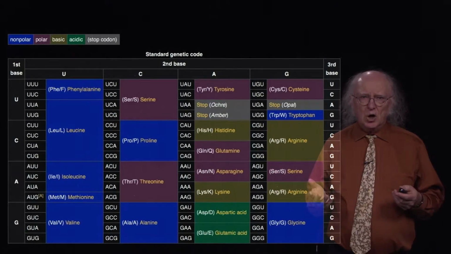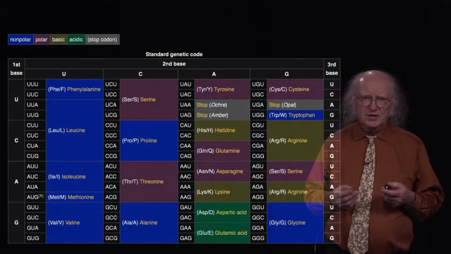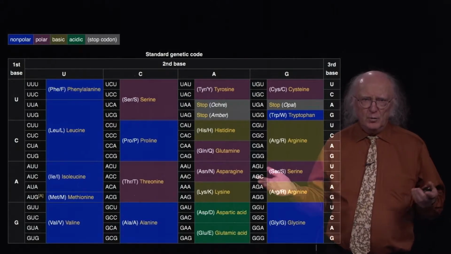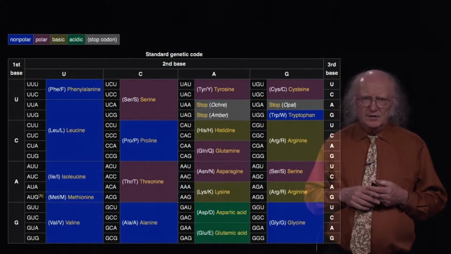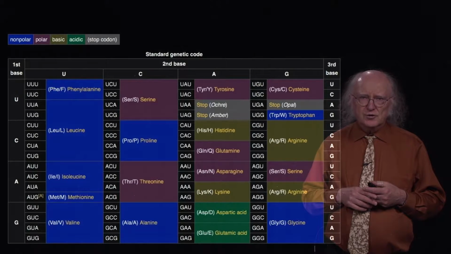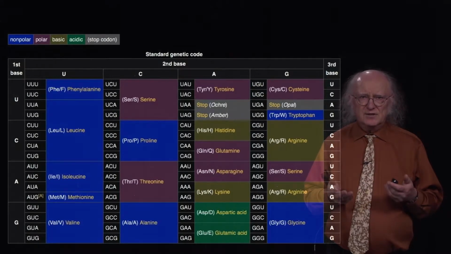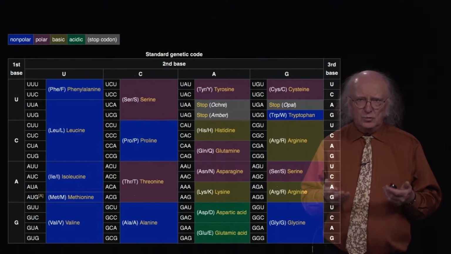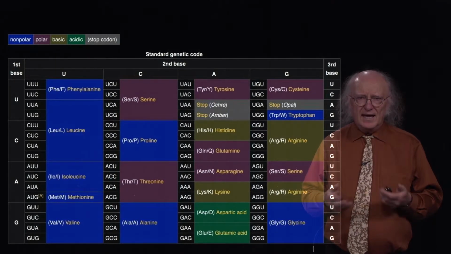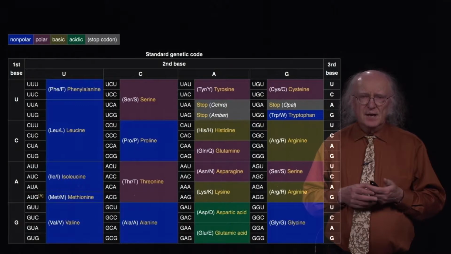When we look at the genetic code, there's a couple of things that I want you to note. You're not going to be responsible for knowing any of the sequences except the following ones that I'll describe to you here. First of all, you should know that all proteins start with the same codon, that is AUG. That AUG specifies methionine.